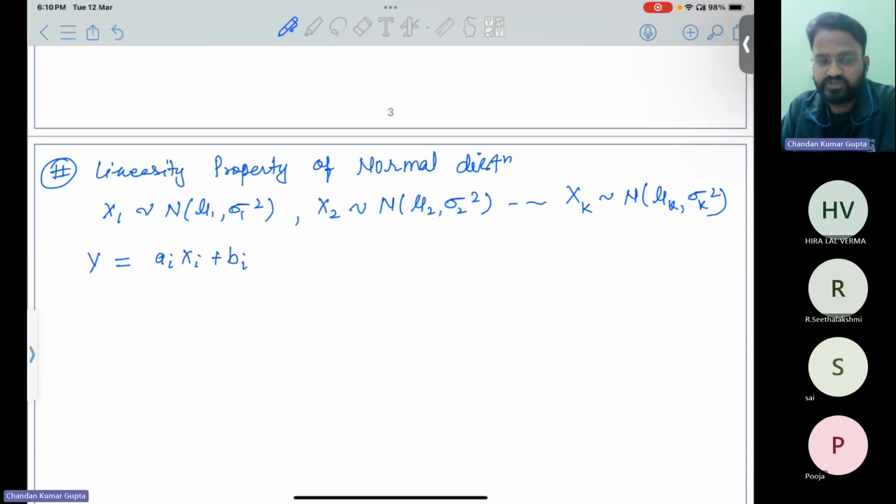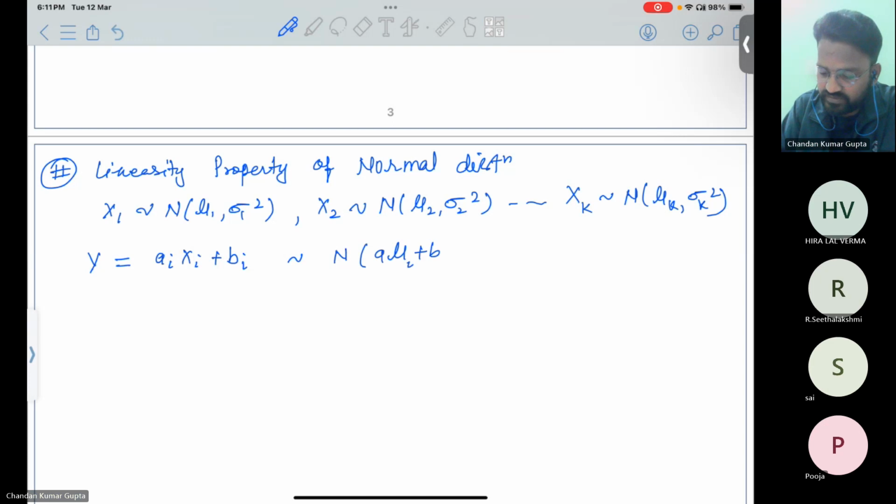This also follows a normal distribution. We have already discussed it. So what are the parameters? It follows normal with mean a mu plus b. Here, let me write something.